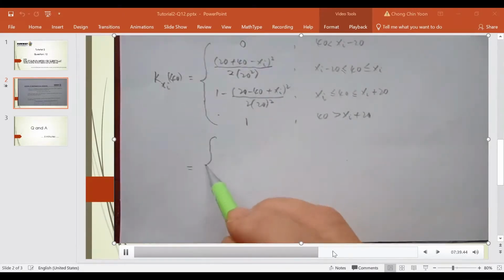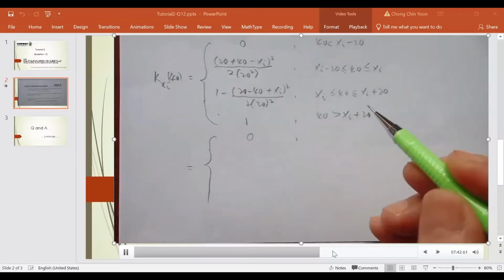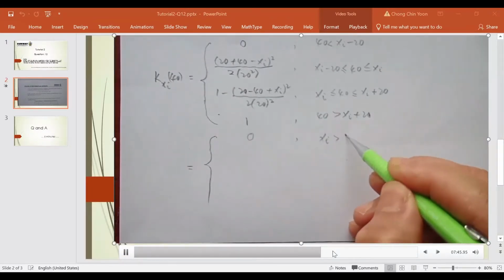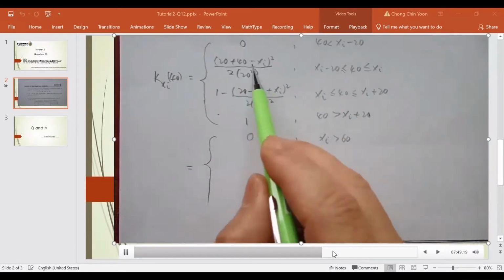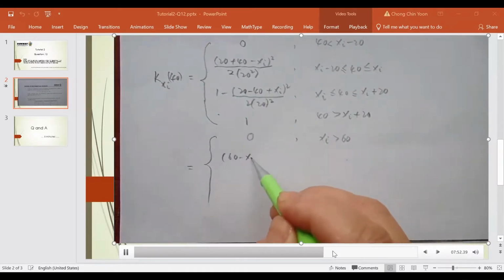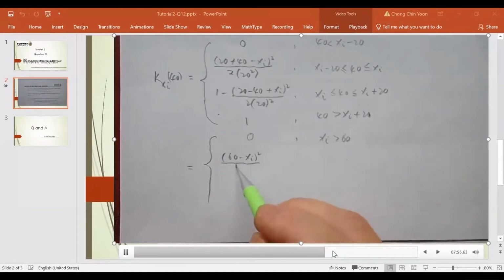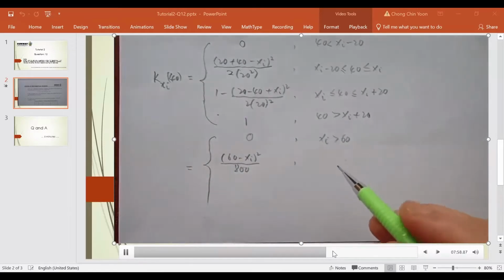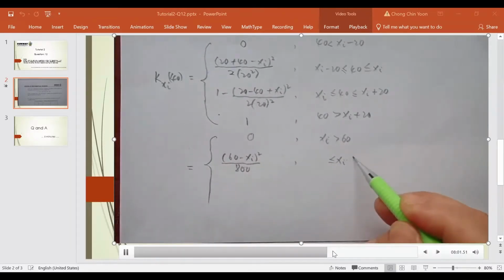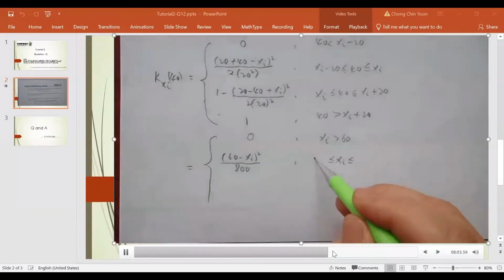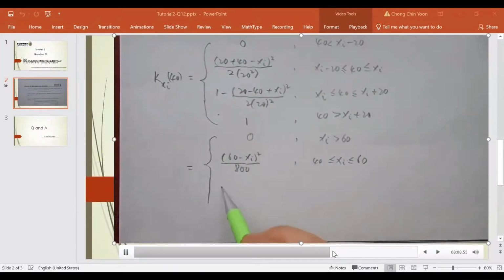So I will have 0 where xi is slightly greater than 60, and next this will give me 60 minus xi square divided by 800 at the interval where the xi is bounded from 40 to 60, and this will give me the result 1 minus xi minus 20 square divided by 800, where the xi is bounded from 20 to 40.